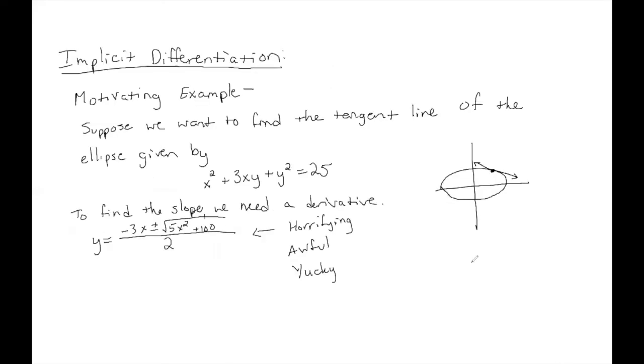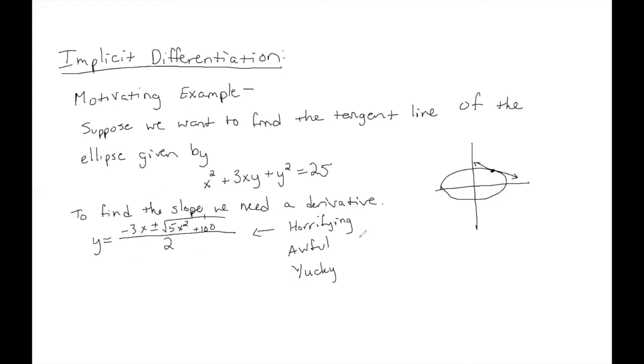Remember, we're looking for the derivative of y with respect to x, right? Back here, I would have taken the derivative of both sides, and I would have gotten y prime, right? Or dy dx. And over here, I would have gotten what I was looking for.